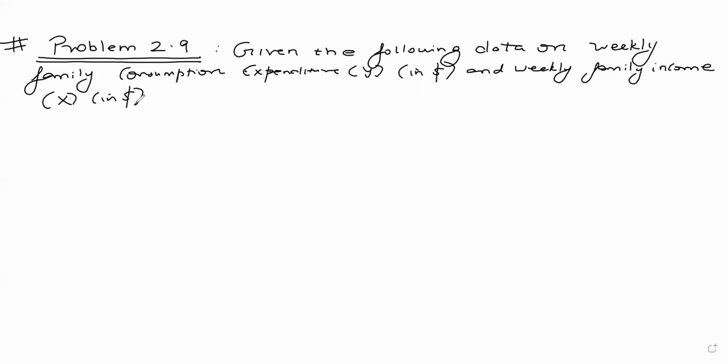So we are given the data between the family consumption expenditure and the weekly family income. The data is given to us as follows. So we are given weekly income.